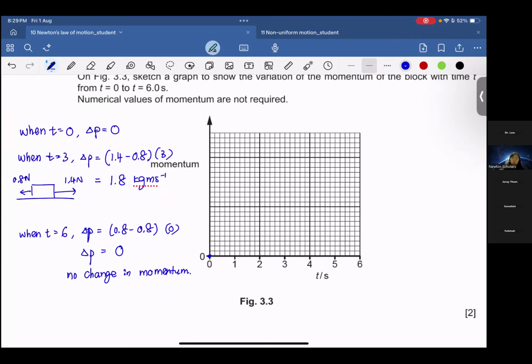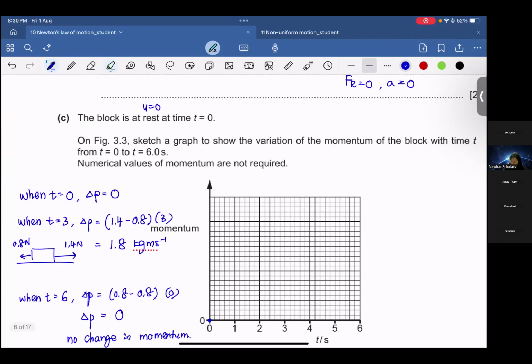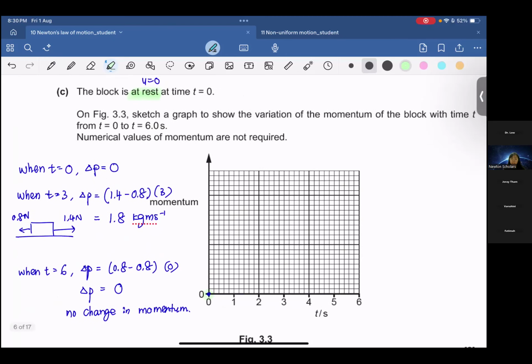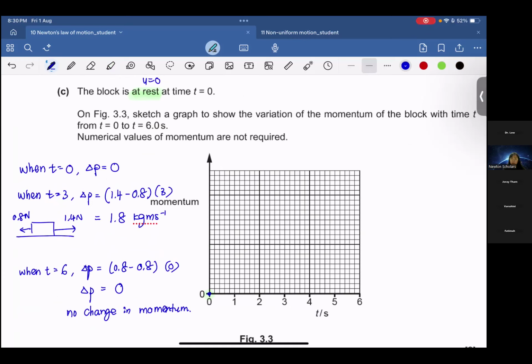At start, time equals 0, the object is at rest. That means at the start there is no momentum, so we start at 0 here. Then here I put the time as 3. I want to find the momentum after 3 seconds. At 3 seconds, we have 1.4 Newton to the right and 0.8 to the left.